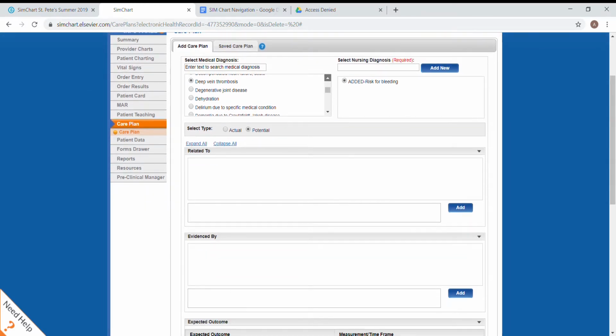You don't have to do related to in risk for because it's not an actual problem. Now if I changed it to actual, then it should let me type it in. Oh, I might have that wrong actually, sorry. If it is an actual problem, which DVT is, but risk for bleeding is not yet, but we want to make it a real problem.